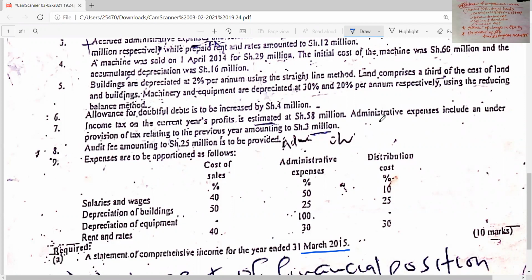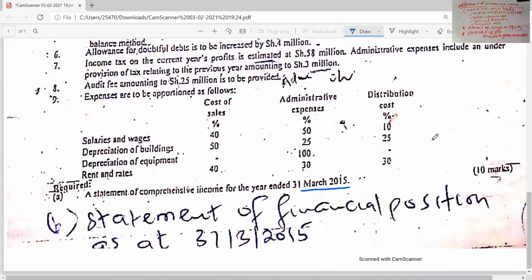So you will take 58 plus 3, you have 61. 61 would be my total tax for the current year, of which this 3 was included under admin expense, so I have to subtract it from admin.